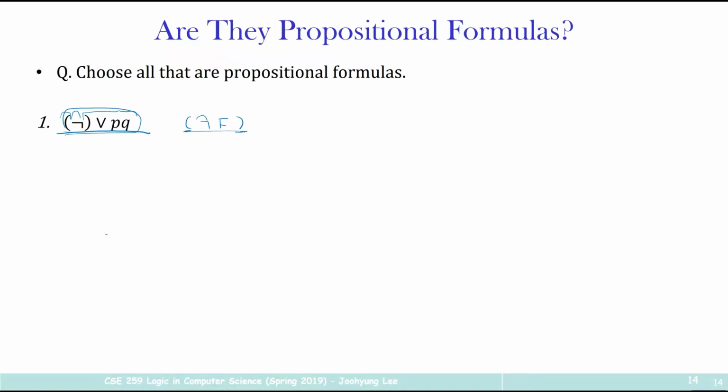Now we are lucky, because it happens to be the case that there is no closing parenthesis. If there is a closing parenthesis, then our task is reduced to proving whether the part inside is a formula, and you have to go recursively.